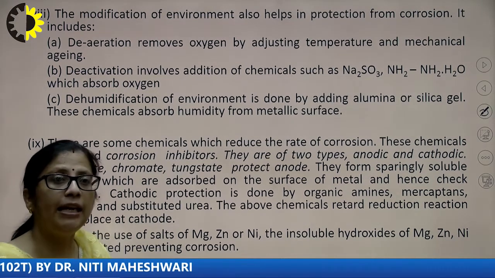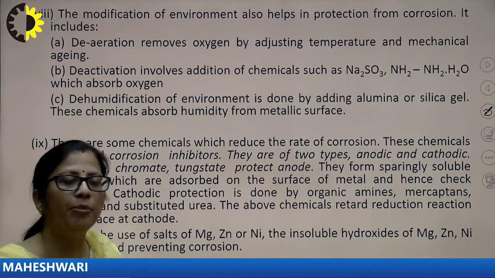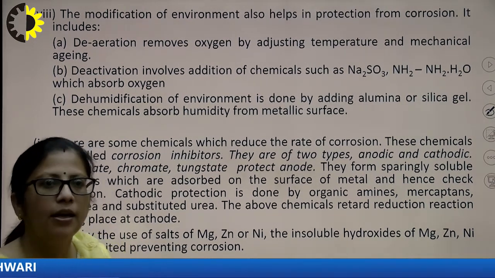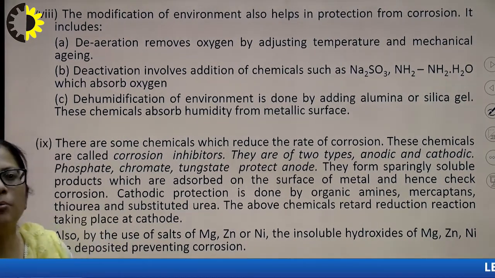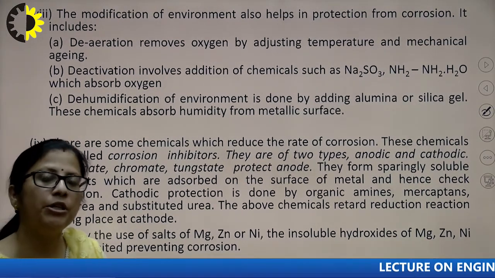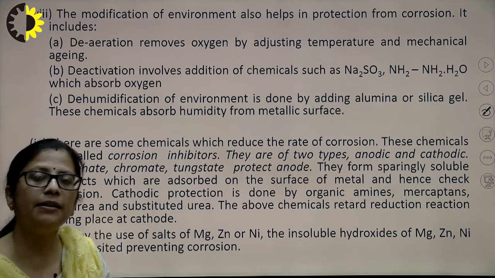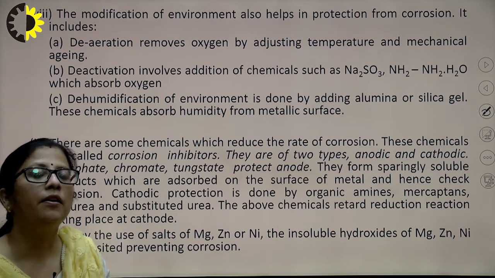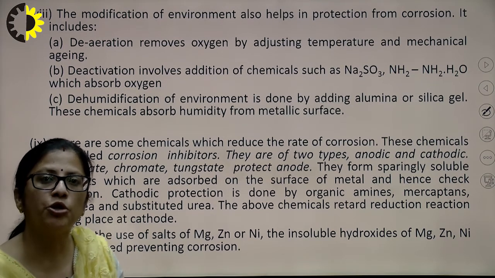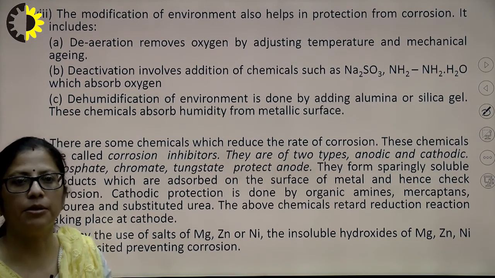Next, dehumidification of the environment is done by adding alumina or silica gel. These chemicals absorb humidity from the metallic surface. So, the lesser the humidity, the lesser the rate of corrosion, and we can see in the environment also that during the rainy season the rate of corrosion increases because there is a lot of moisture in the environment.